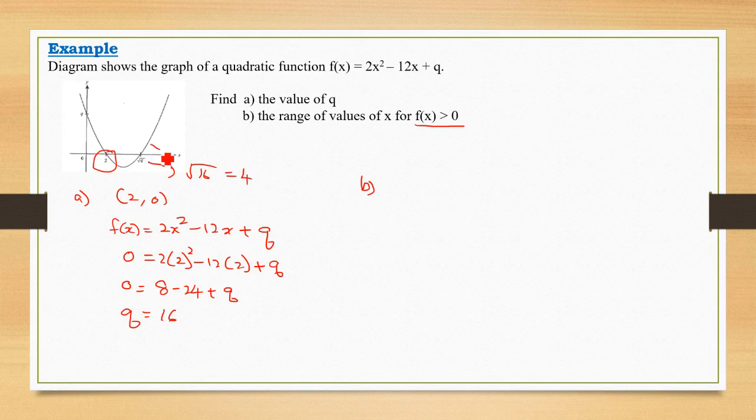So above the x-axis means you're shading this region and this region. So what is the value of x that satisfies this region? f(x) must be greater than 0. Looking from the graph, you don't need to do any calculation, just straight from the graph. You can say x is less than 2 or x must be greater than 4. That's it, above the x-axis.